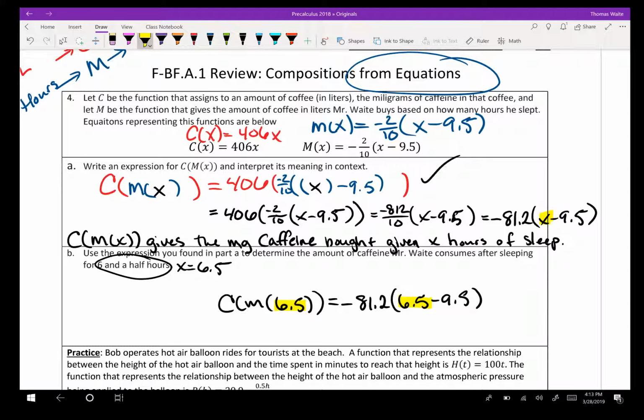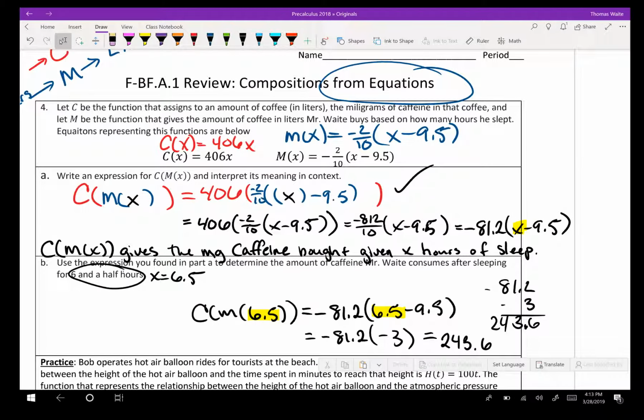I use this simplified version because it's a little easier to evaluate. Could have definitely plugged it into the earlier version as well. If I evaluate this, I get negative 81.2 times negative 3. I don't have a calculator with me, so 3 times 8 is 24, and there's a decimal. So it's 243.6 milligrams of caffeine.